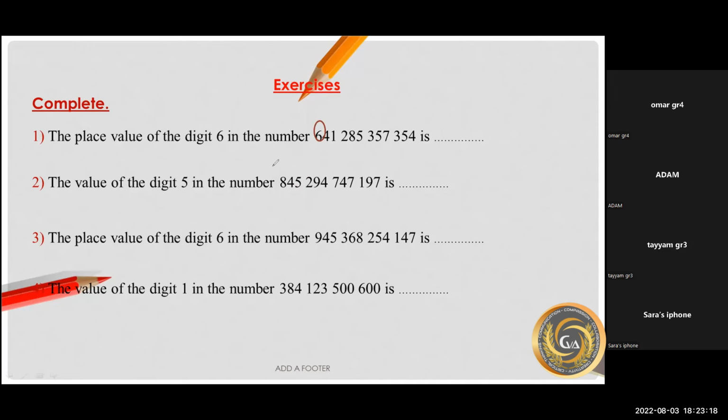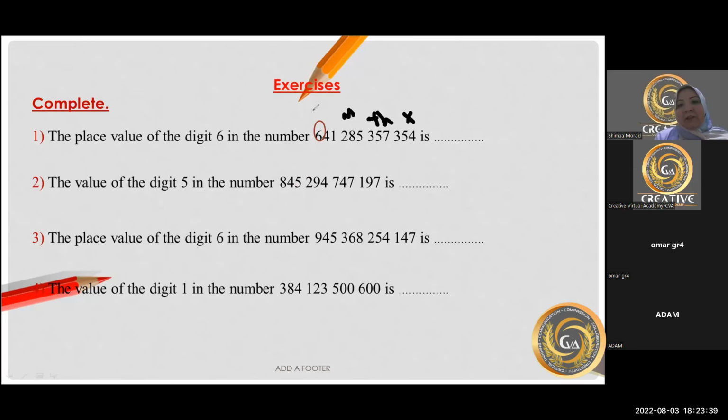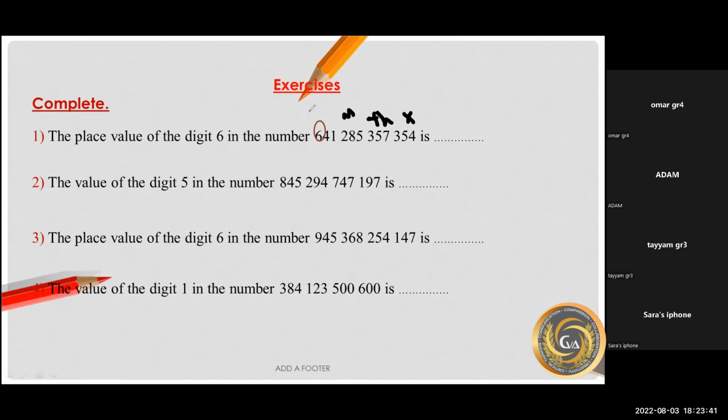What about the first house? Ones. The second house is? Second house is tens, not 1,000. Thousands. Very good. And the third house is Million. And the last house is Billion.